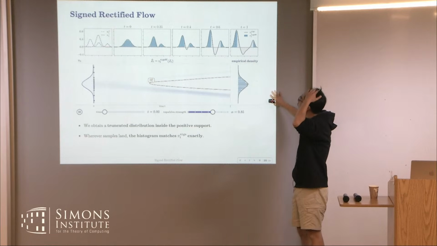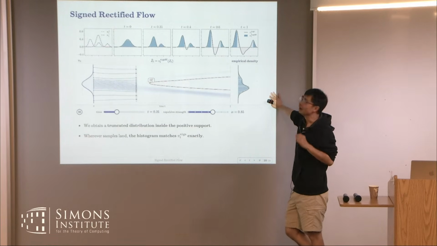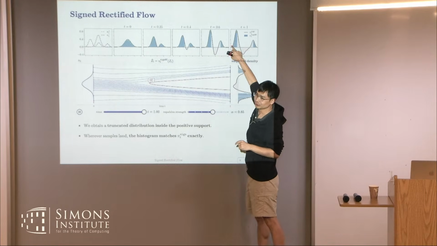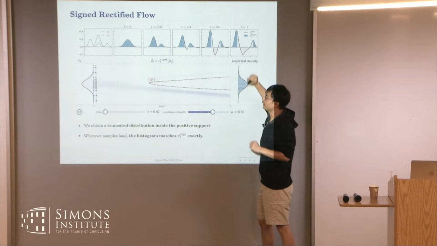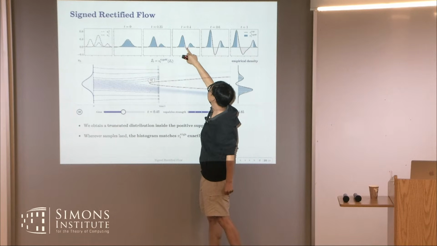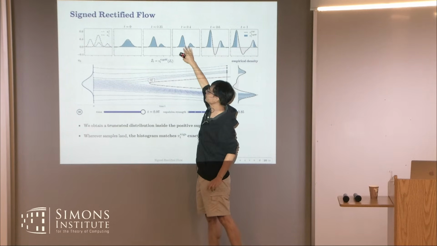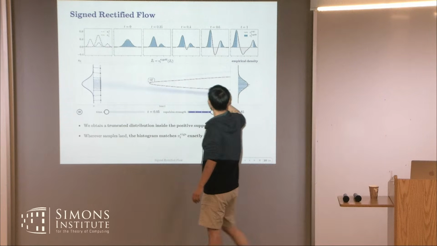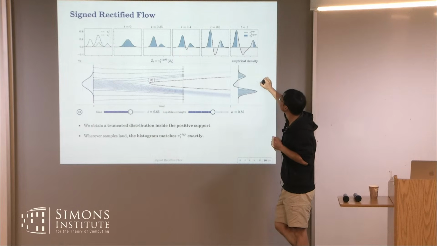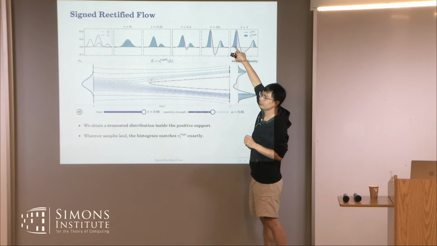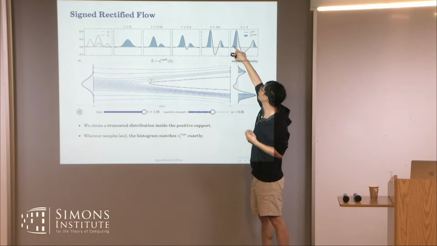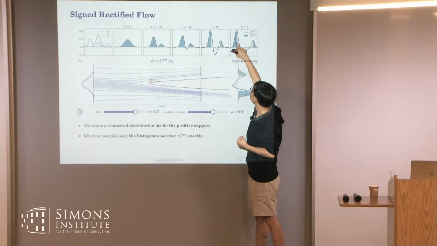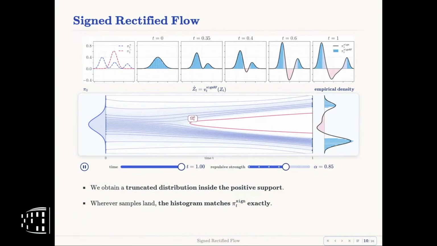There are several observations. One is that you always get positive regions. Whenever the negative regions appear, there's no particle there, right? You can sort of see that from here. Another thing is that within the region where you actually see particles, the density exactly matches the density of the signed measure.